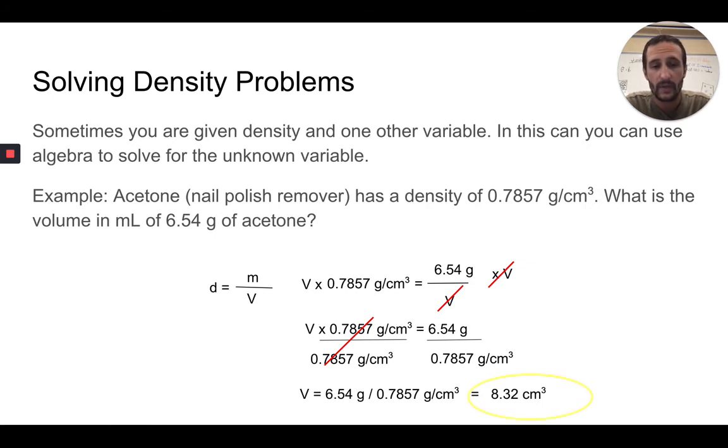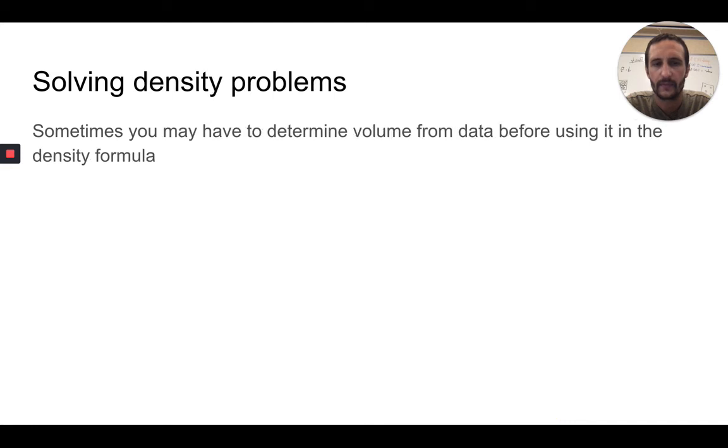Once you've plugged that into your calculator, you get the final volume of that acetone. You'd have 8.32 centimeters cubed, or if you were measuring in milliliters, that would be 8.32 milliliters of acetone.